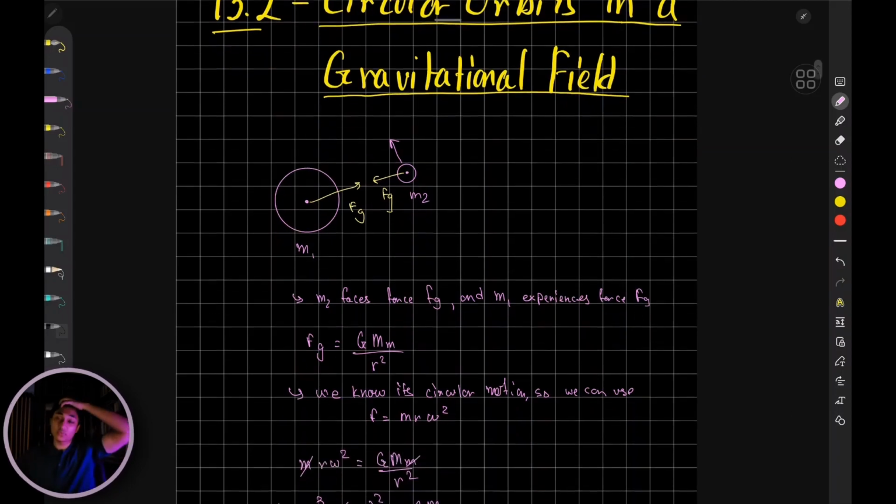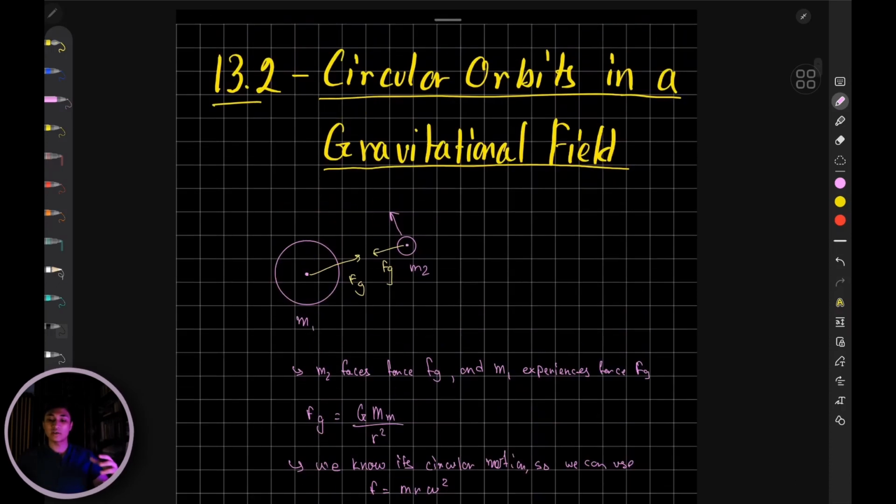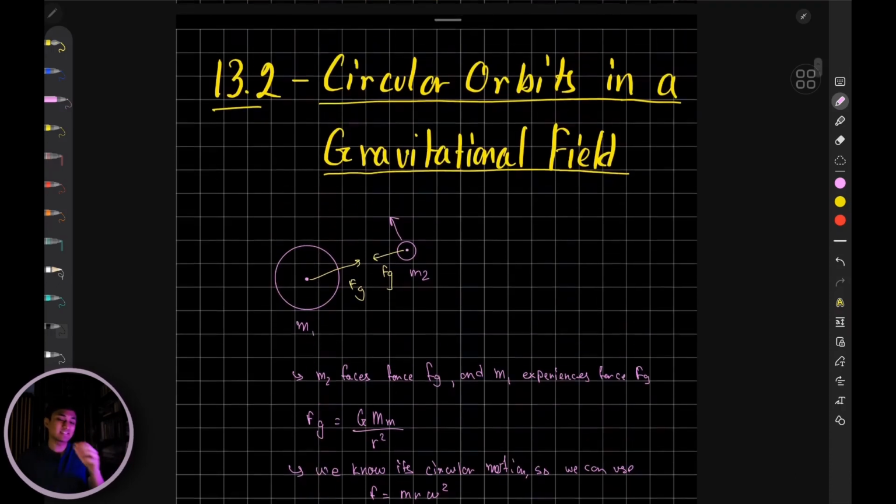Now, notice one thing. In case of circular motion, if you've already studied that topic, what is necessary for an object to be in circular motion or in a circular orbit is there needs to be a force that is perpendicular to the velocity of the object. So let's say an object at this instantaneous point is moving in this direction.